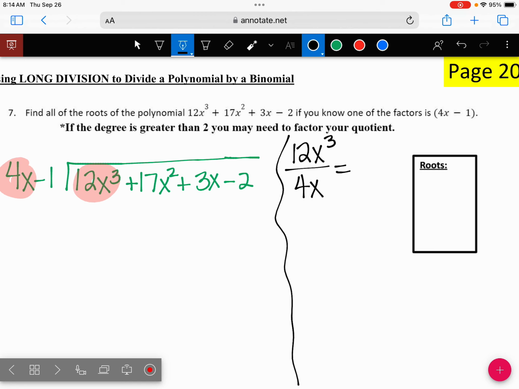So you're taking 12 divided by 4 and subtracting your exponents. What would you get to put on top of the roof? 3x squared. Thank you. So we're going to put that on the roof.